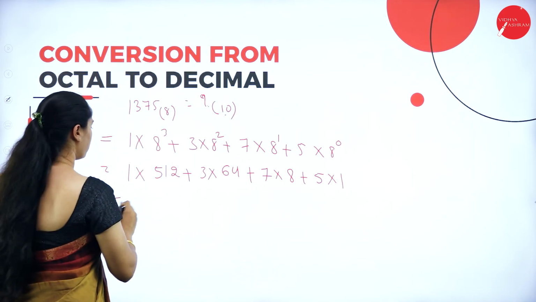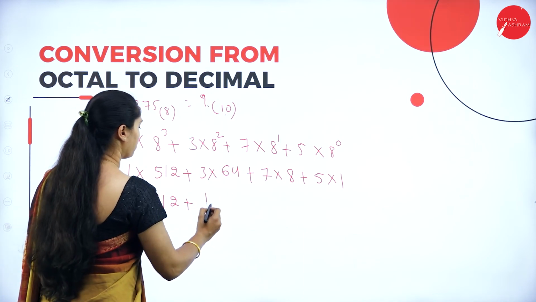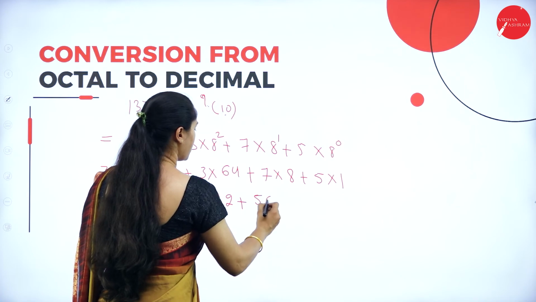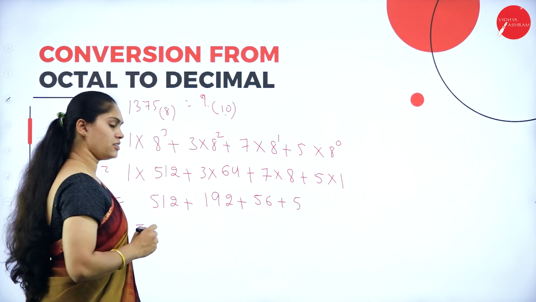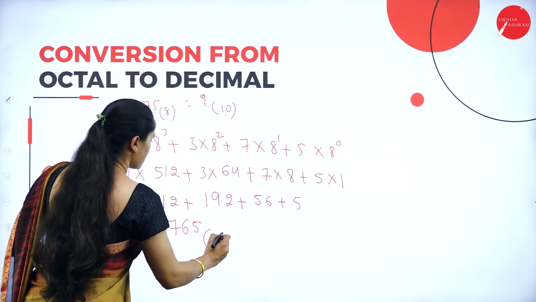So now 512 plus 64 into 3 will be 192, plus 56 plus 5. By adding all these together, we are going to get 765, which is of base 10.